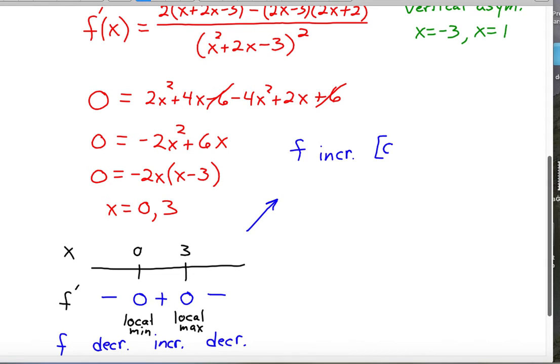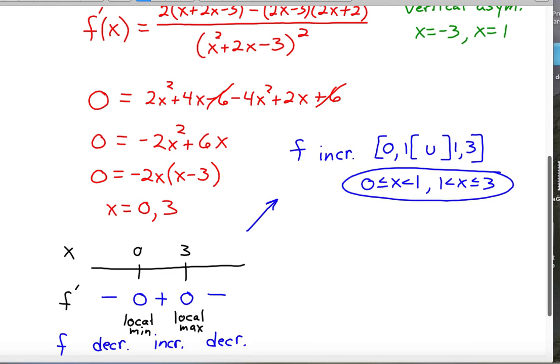So between 0 and 1, not including the 1, union with 1 and 3, including the 3. Now that may seem a little weird using those brackets for IB, and I agree. So if we want to use inequalities, we could say 0 less than or equal to x less than 1. And then from 1 less than x less than or equal to 3. So if you like that better, go with that. I just want you to be familiar with what that should look like.